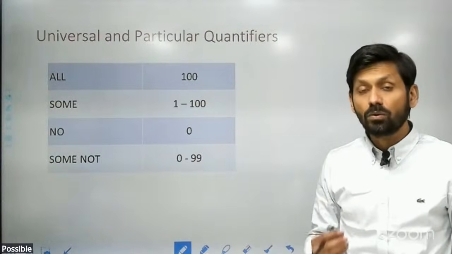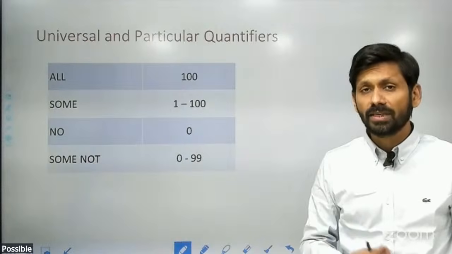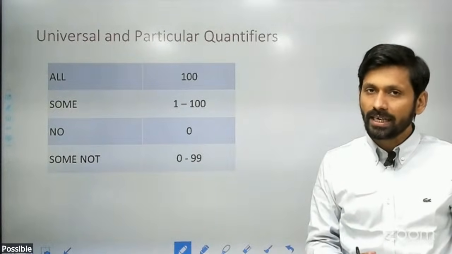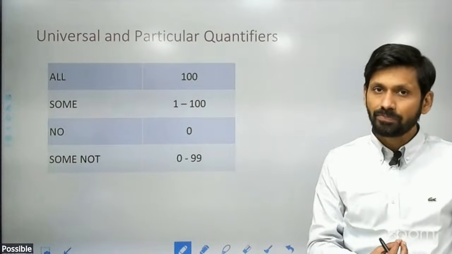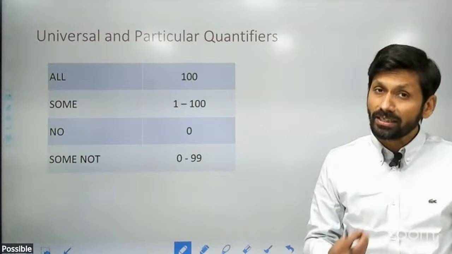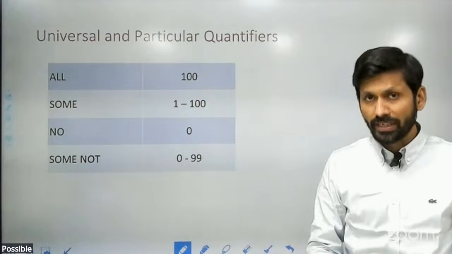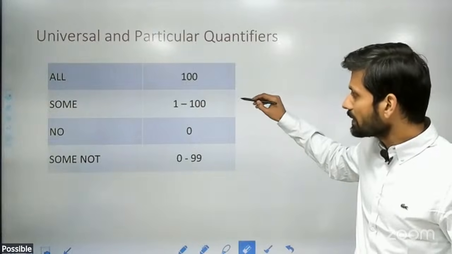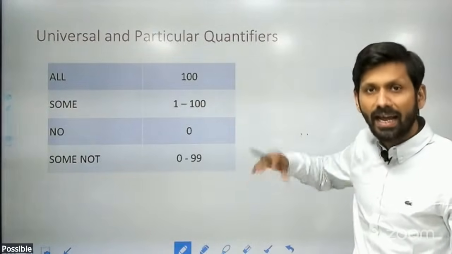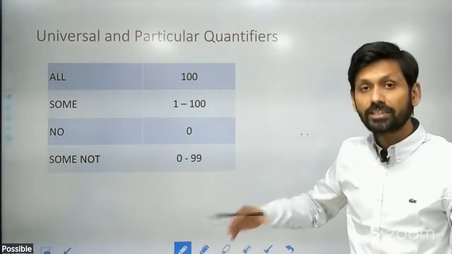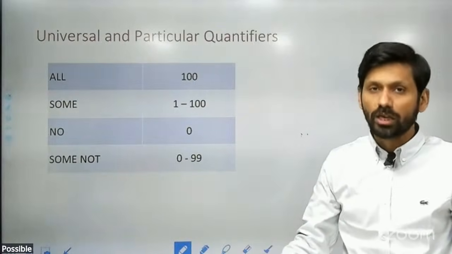Some would mean 1 to 100. If I'm saying some S are P, at least one element of S is in P, and maximum it could be all elements of S in P. So we remember that some is inclusive of 1 and 100 both. It's not the case that some does not include 100.